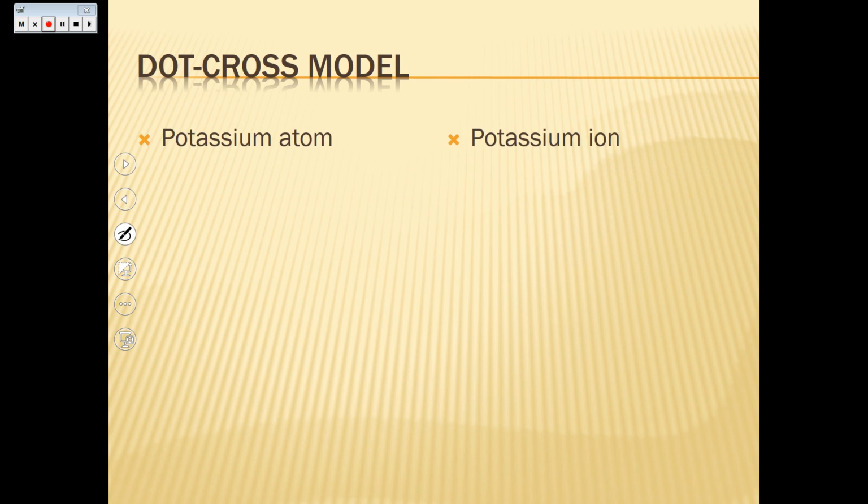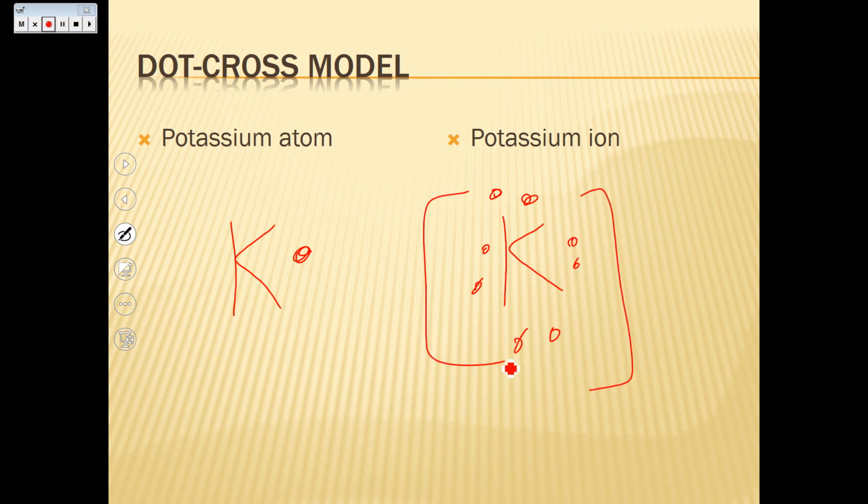So for example, the potassium atom dot model looks like this, with a single valence electron. The ion you're going to represent very similarly, with 8 valence electrons around it and a positive one on the outside.